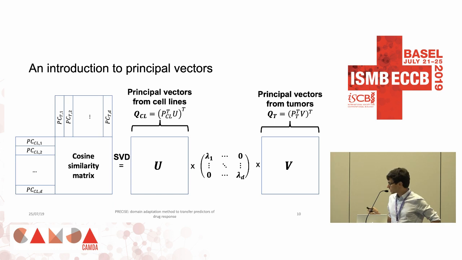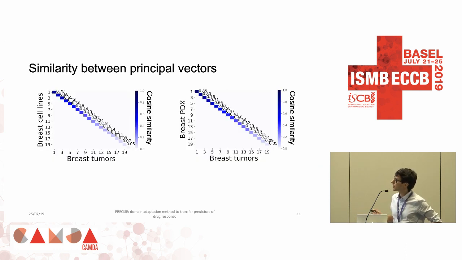The first sanity check that we can do is to see how these principal vectors now compare to one another, using the same cosine similarity matrix. And what we see is that now we have really 1-to-1 similarity. Of course, the diagonal values are not 1, which would be the ideal case, but this is already discarded because of the first part. Between the breast cell lines and the breast tumors, the first similarities are quite high.